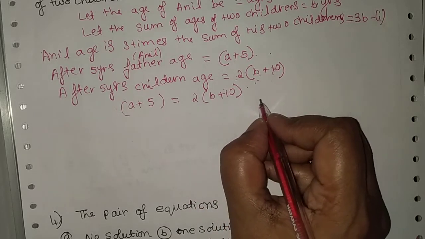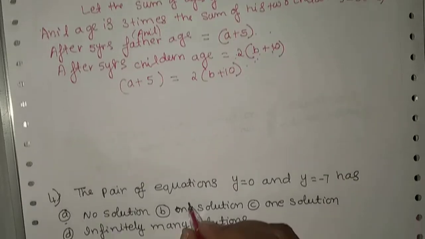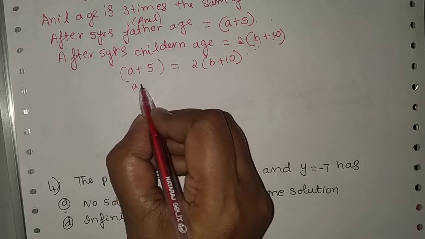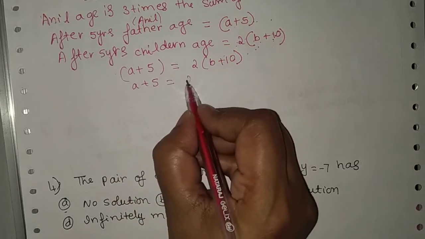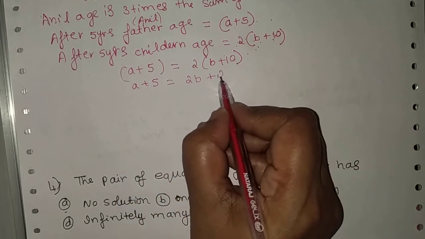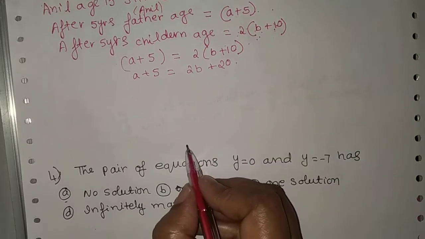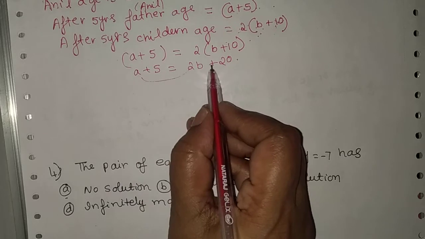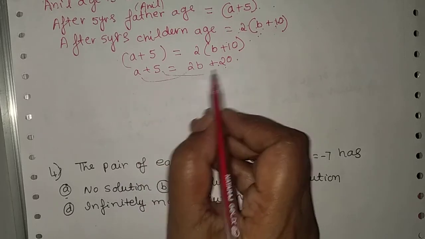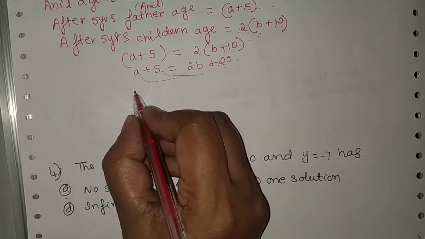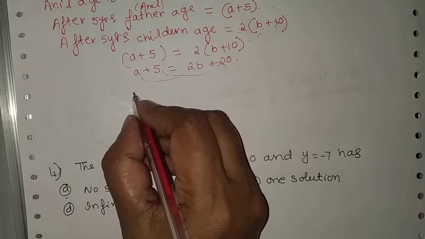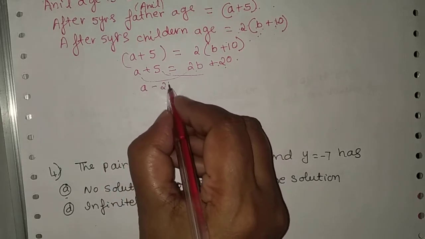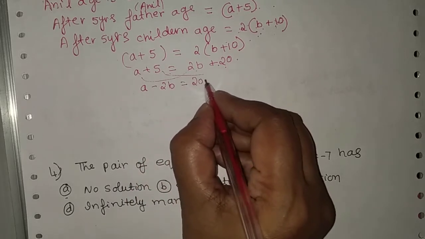So now what happens? We have to simplify this. After simplifying, this one becomes A plus 5 is equal to 2B plus 20. So after this, what happens? This comes this side, and A minus 2B is equal to 20 minus 5.